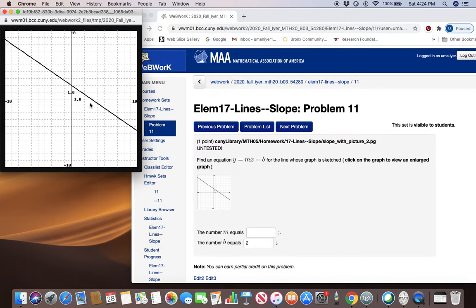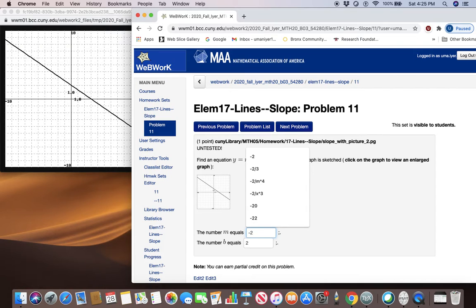What about slope? Let me use this point and this point. You see, I'm using what are called integral points, the points which have integer coordinates. So starting from that point over there, that is 0, 2, to 3, 0, I have a drop of 2 and a run of 3.